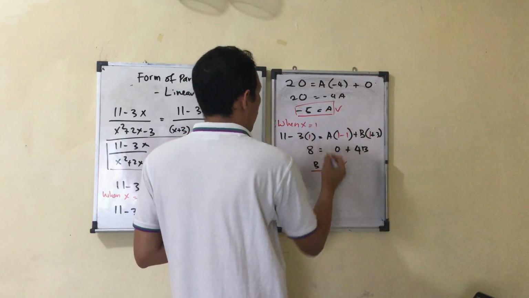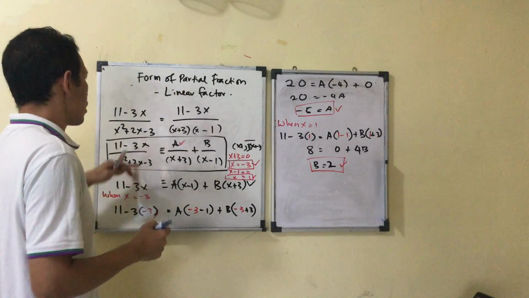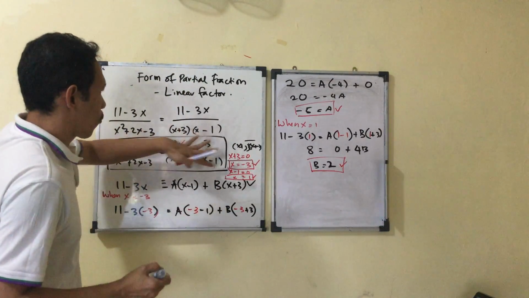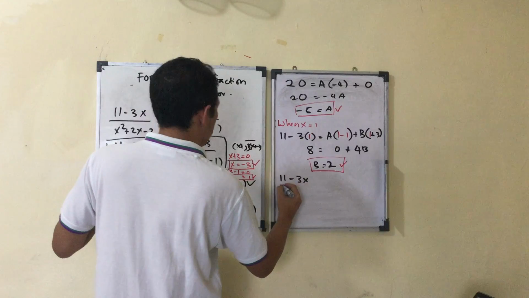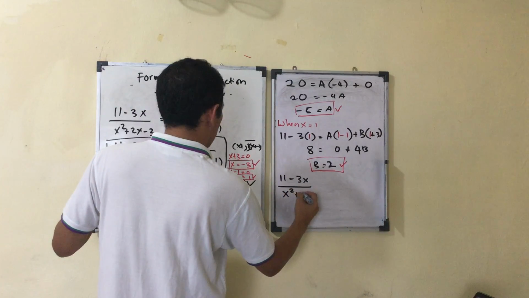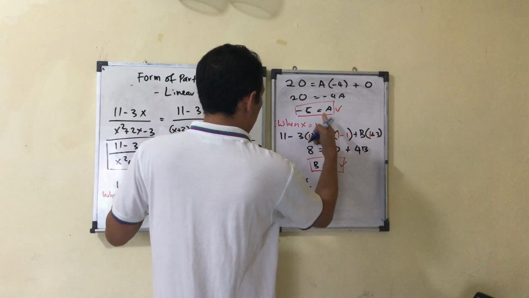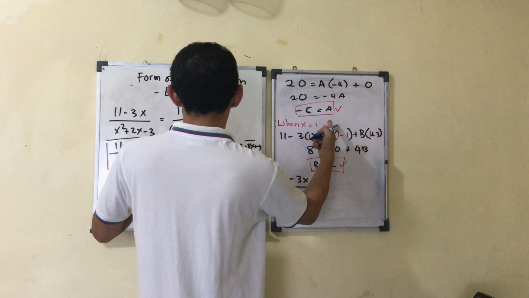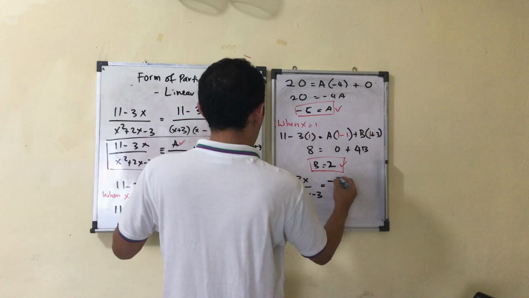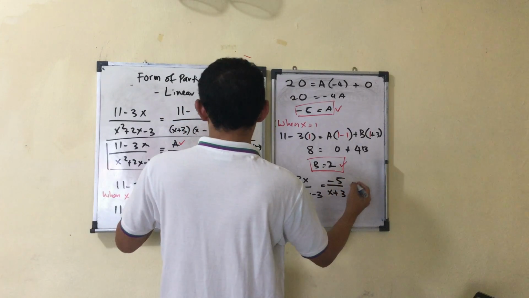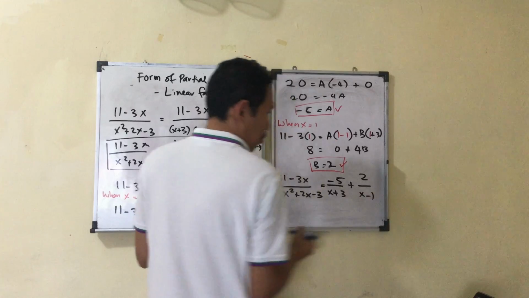So we have A equals negative 5 and B equals 2. Now you put them back into the equation. So 11 minus 3x divided by x squared plus 2x minus 3 is equal to negative 5 over x plus 3, plus 2 over x minus 1.